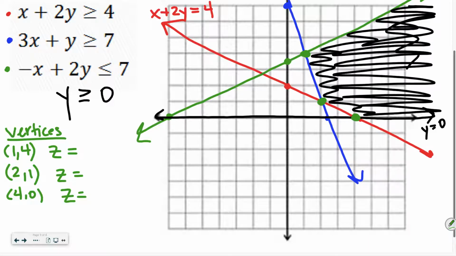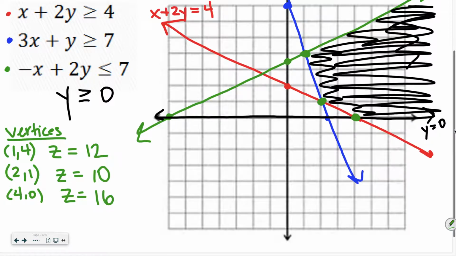Check with your neighbor. Okay, just shout them out for me. What's the z value at 1, 4? 12. 2, 1? 10. And everybody together, 4, 0? 16.